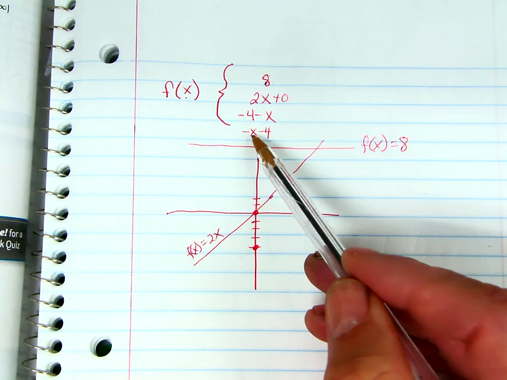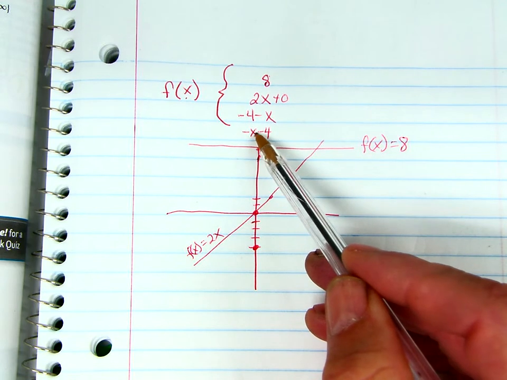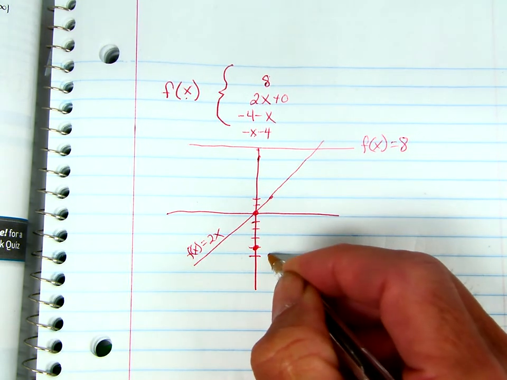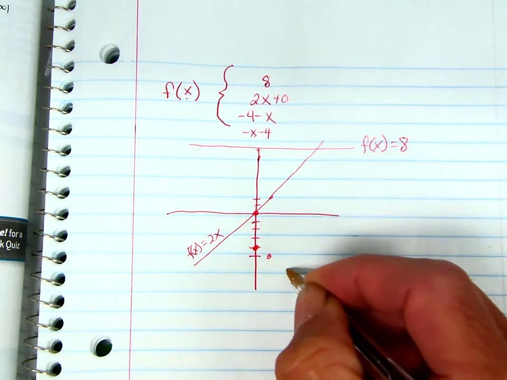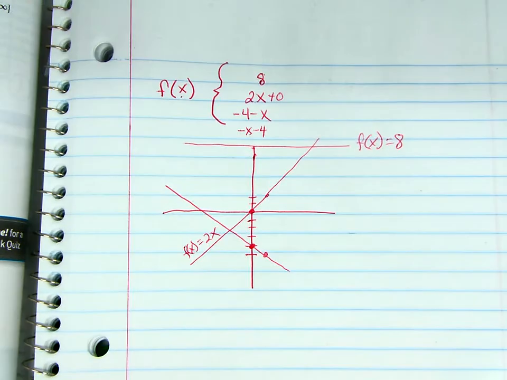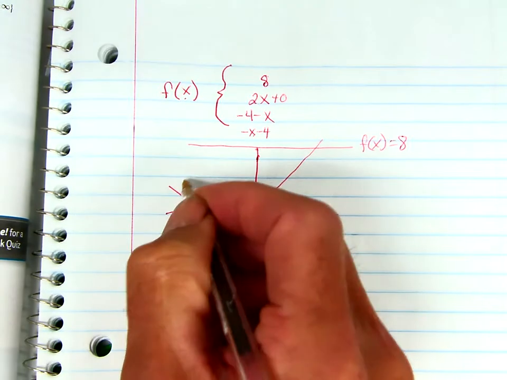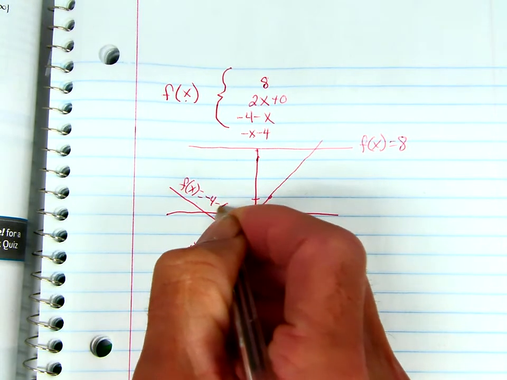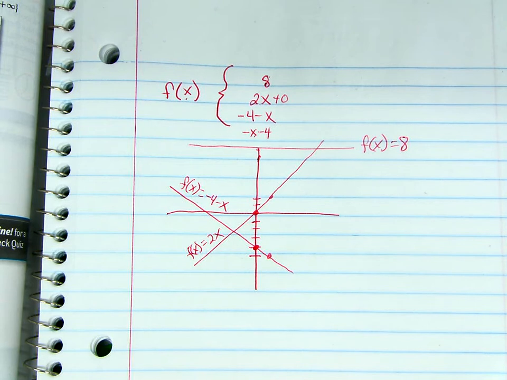Here's our slope, negative 1, which means go down 1 and over 1. So down 1, over 1, draw the line. F of x equals negative 4 minus x. Any questions so far?